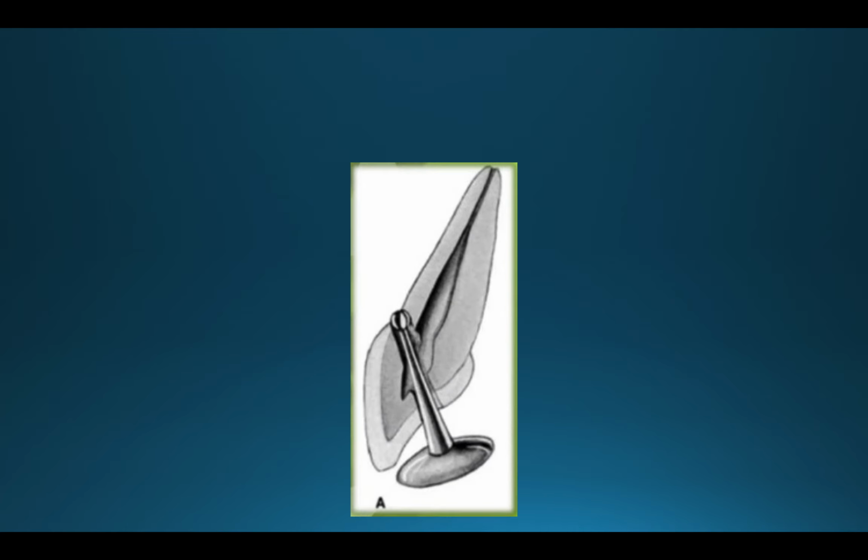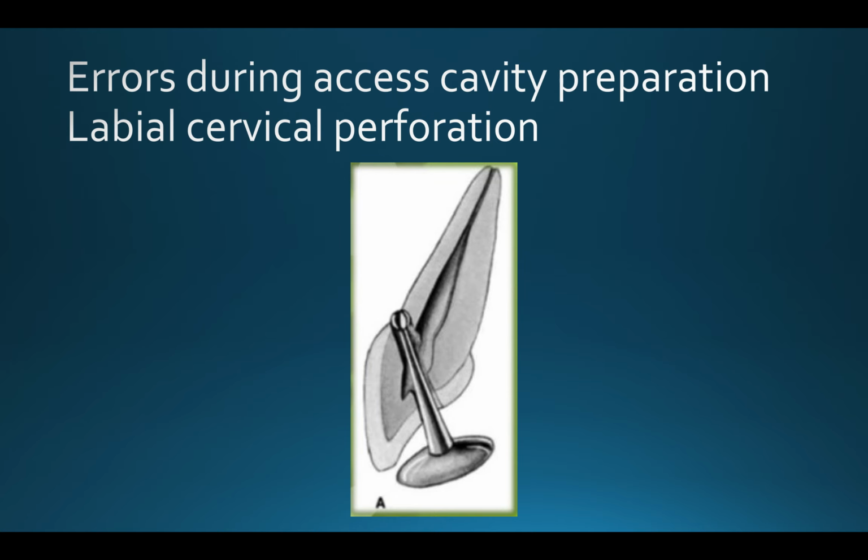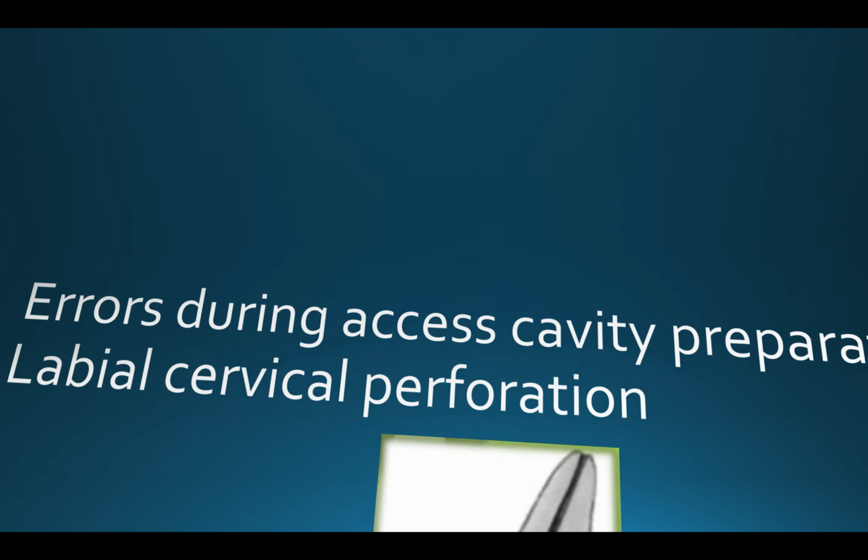If we continue drilling in that direction, then we will end up with a labial cervical perforation in the maxillary or mandibular anterior teeth. And in this case, sometimes the tooth will become non-restorable and it will be destined for extraction.